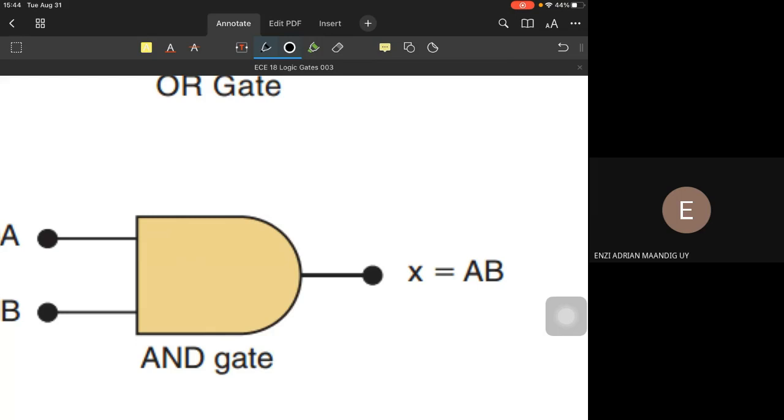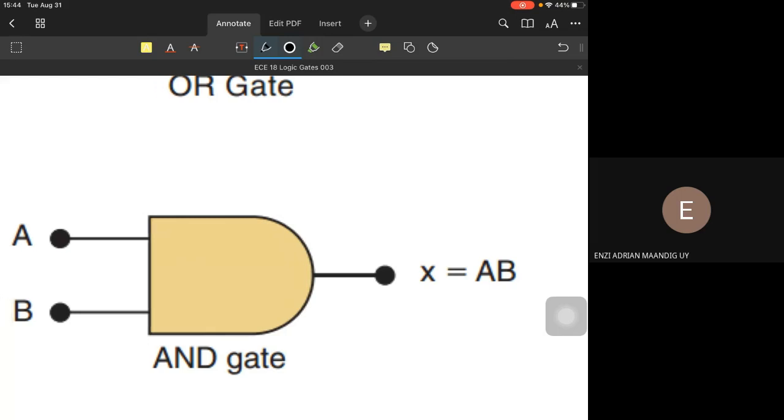Sometimes that dot is used for the AND gate. If you place the two letters side by side, it is understood. So we read this one as A and B. You can also write AB, and it is understood that placing two letters side by side is that function. So, A and B. We read this as X is equal to A and B, or AB.